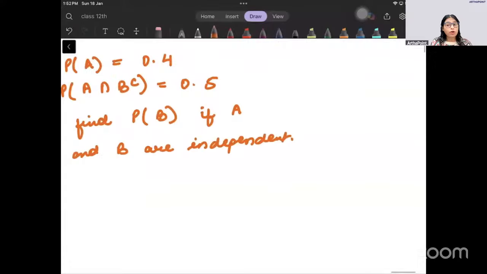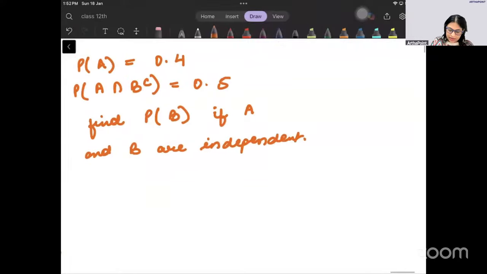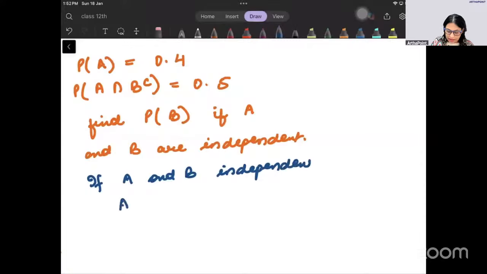तो क्या करेंगे? What will I do? I know that I will use this property that if A and B are independent, then A complement and B complement भी independent होगा. They will also be independent.